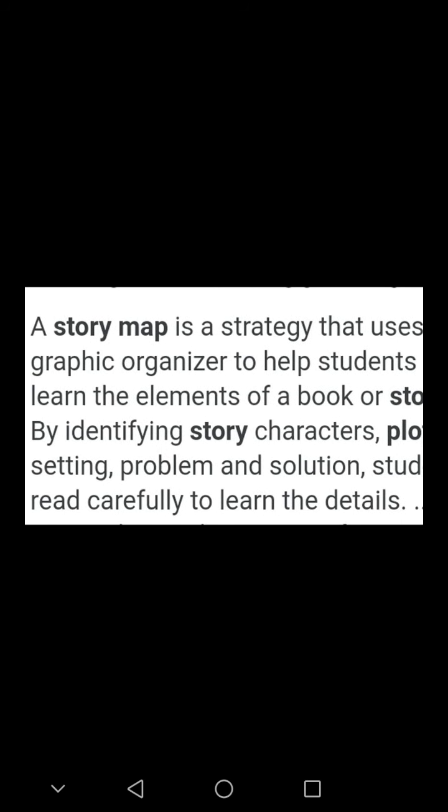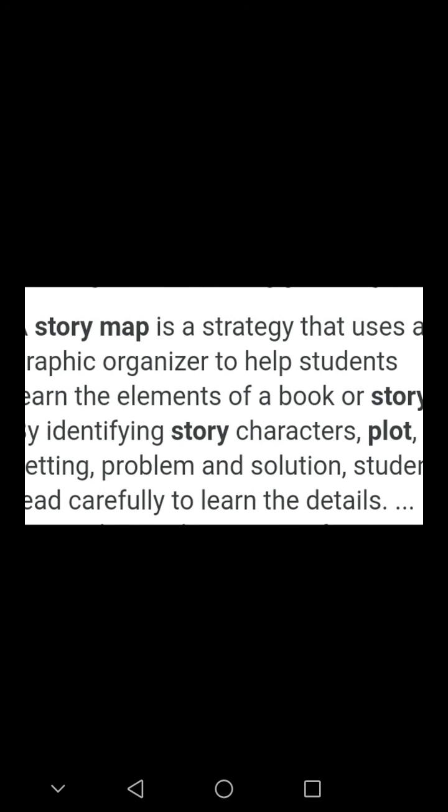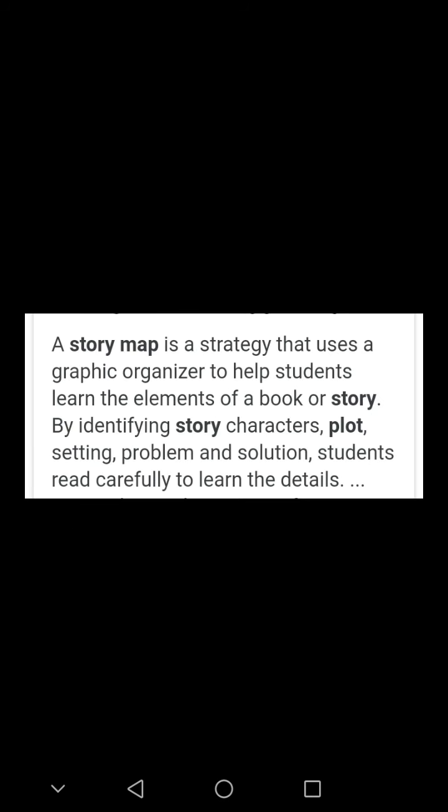Students, that means you, read carefully to learn the details about these stories. The main elements of a story map are: character number one, number two, the setting, number three, the problem of that story, then the last one is the solution, how this story ends.